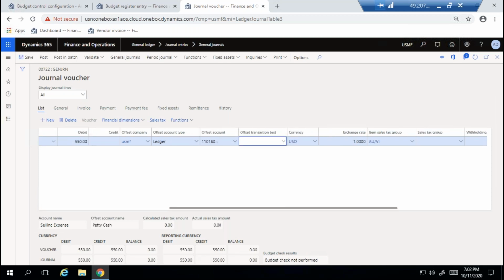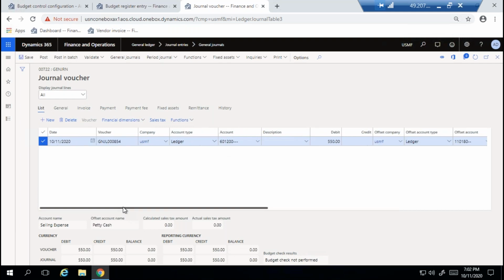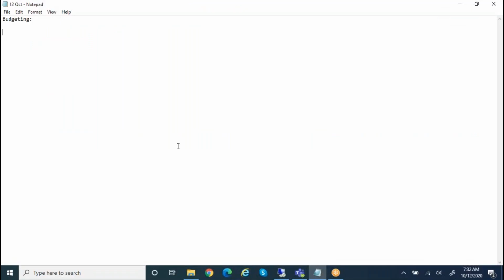Out of 500, I have used 50 plus 40, 90 I have used. Then what is the available fund? See, the total fund is 500. For the entire year, $500 only you can use it. I have used 50. I have used 40. Now how much available? Remaining quantity?